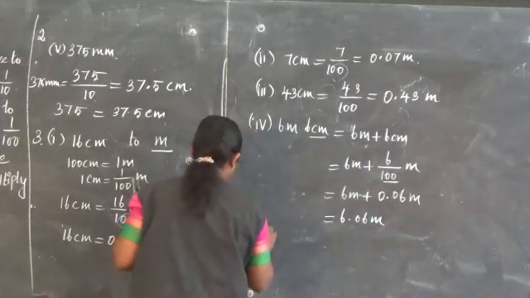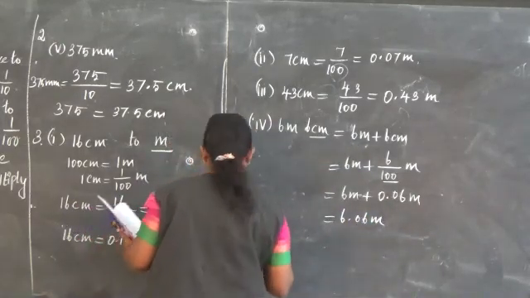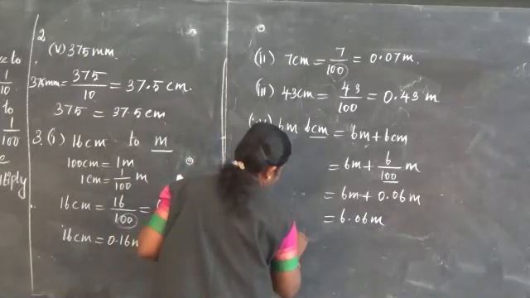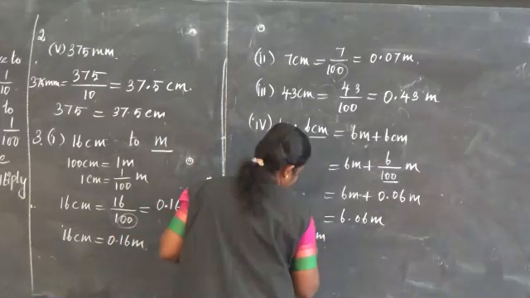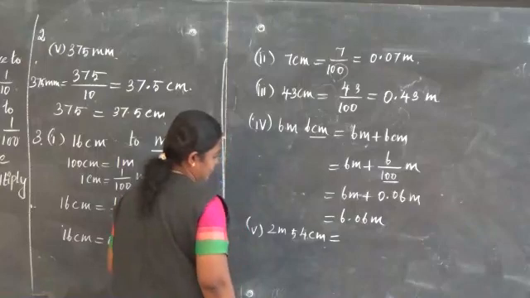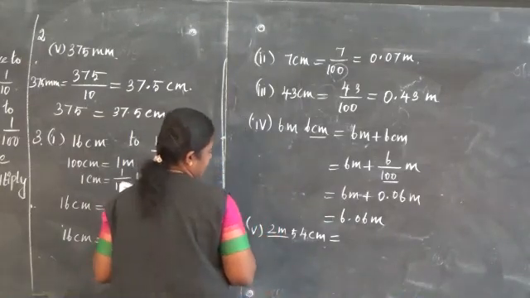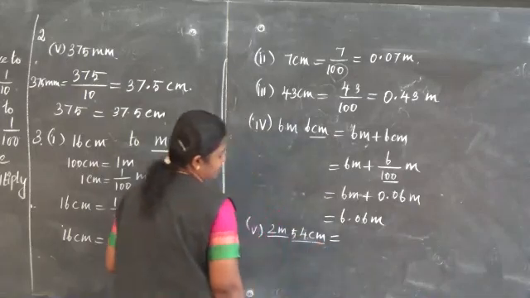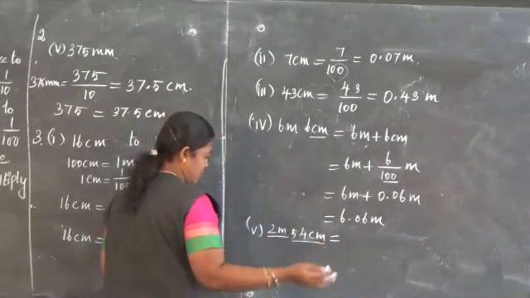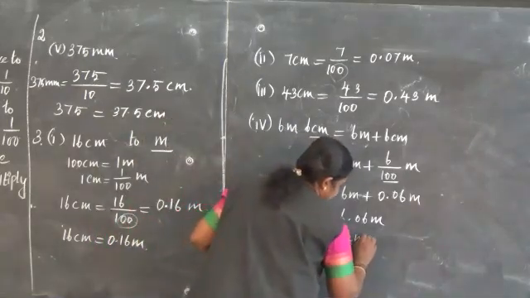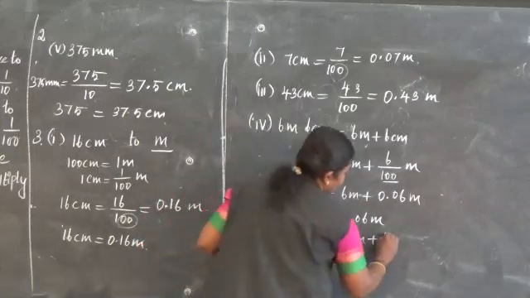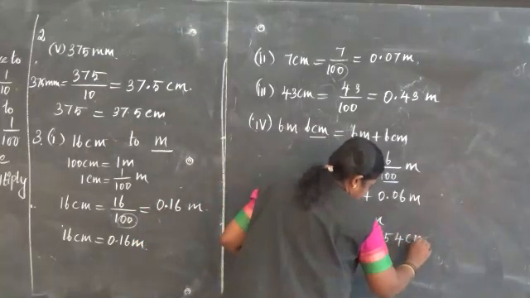Come to the fifth Roman. 2 meter 54 centimeter is given to us. 2 meter, already it is in meter only. So 54 centimeter alone we have to convert to meter. So I can write it as 2 meter plus 54 centimeter.